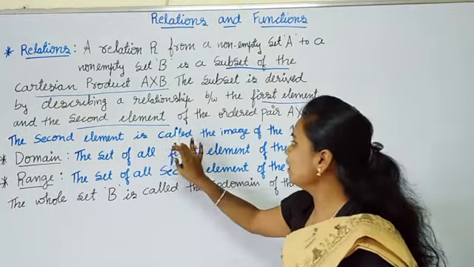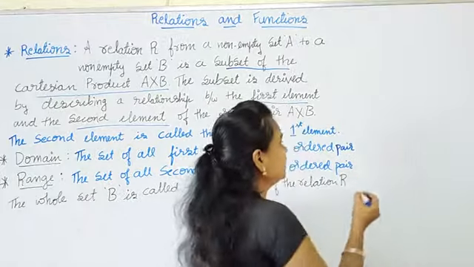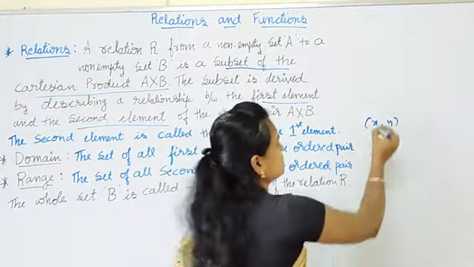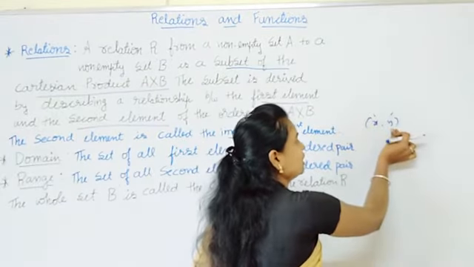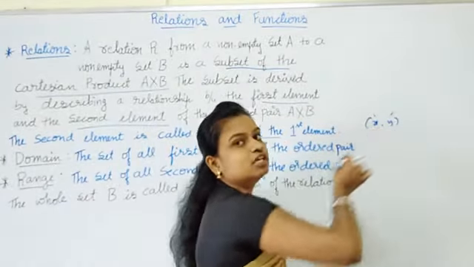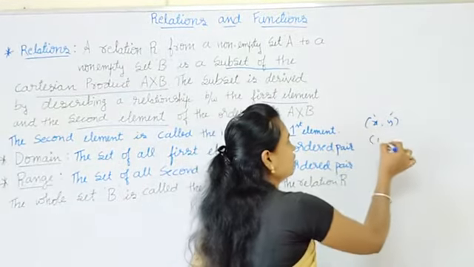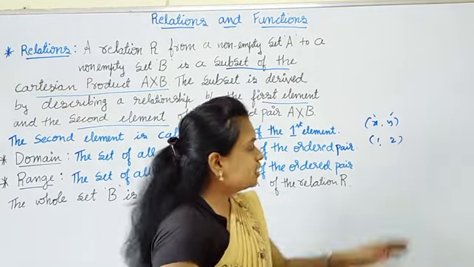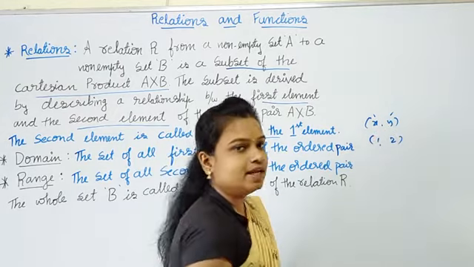The second element is called the image of the first element. If we have an ordered pair (x, y), x is the first element and y is the second element, and the second element is called the image of the first element. So y is the image of x. If you have (1, 2), then 2 is the image of the element 1.